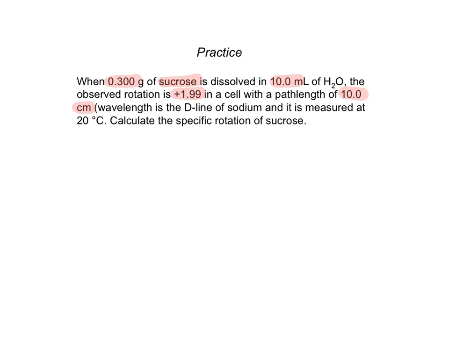Okay, so I'm going to go ahead and write out our little specific rotation equation. So we have specific rotation is equal to our observed rotation divided by concentration times path length.